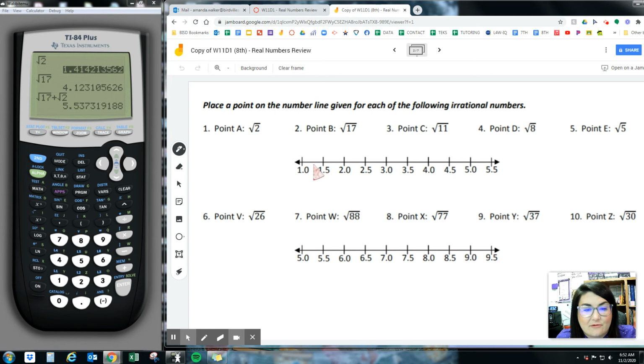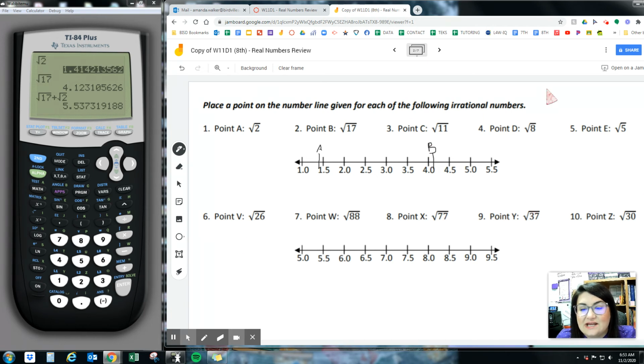If I had 1.1, 1.2, 1.3, 1.4, 1.5, 1.4 would be about right here. So what you want to do is make a line, and you can just put A, because that's point A. Point B is about 4.1, so it'd be about right here.